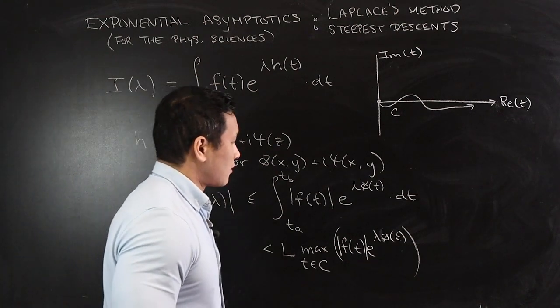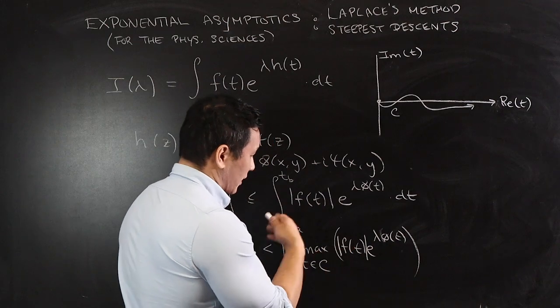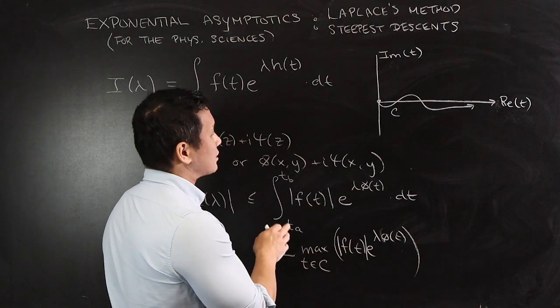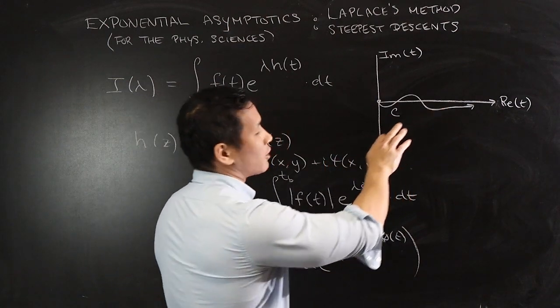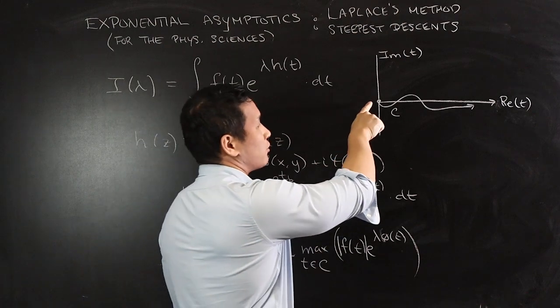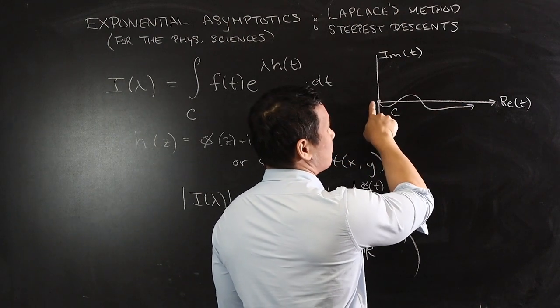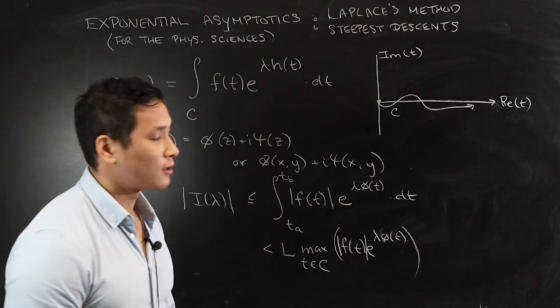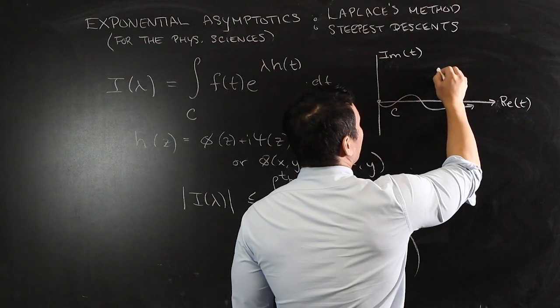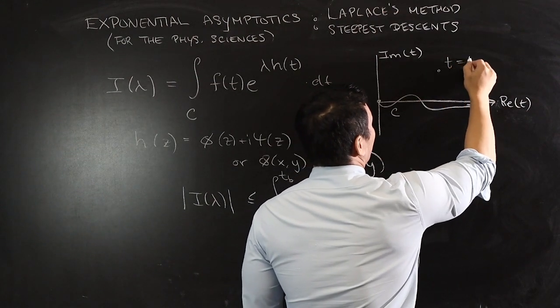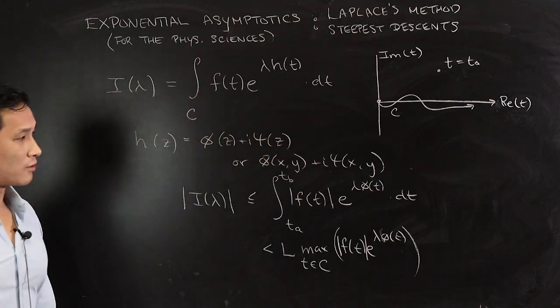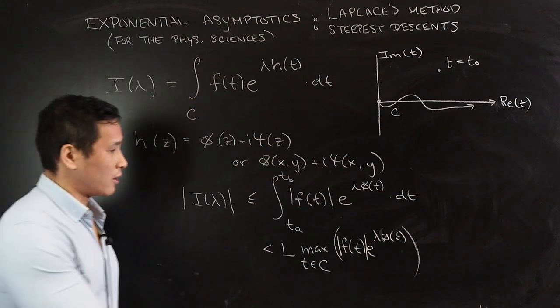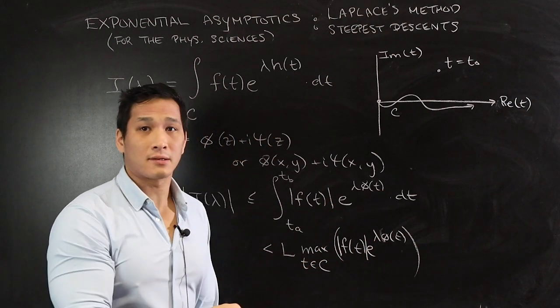And by Cauchy's theorem, I'm allowed to deform this contour however I like, as long as I don't shift the endpoints of integration. If I keep this one pinned at 0 and keep this one pinned at positive infinity along this direction, then I might find, let's say, a value somewhere in the complex plane where this phi is the biggest.